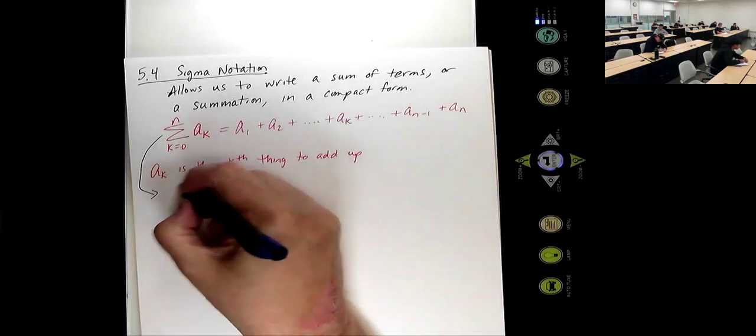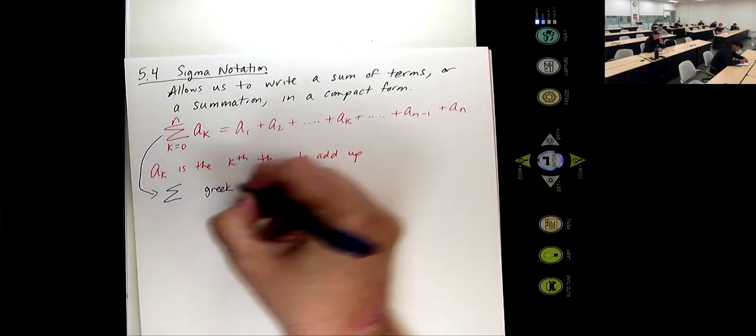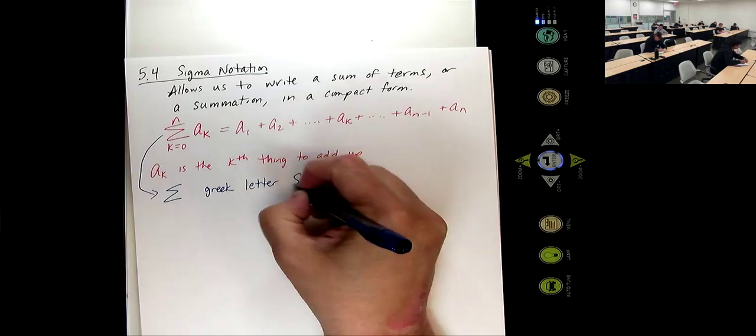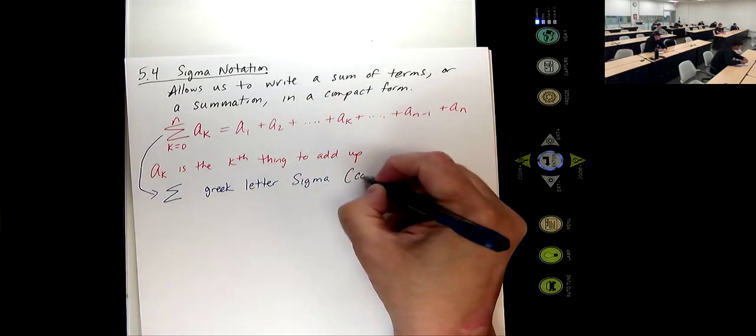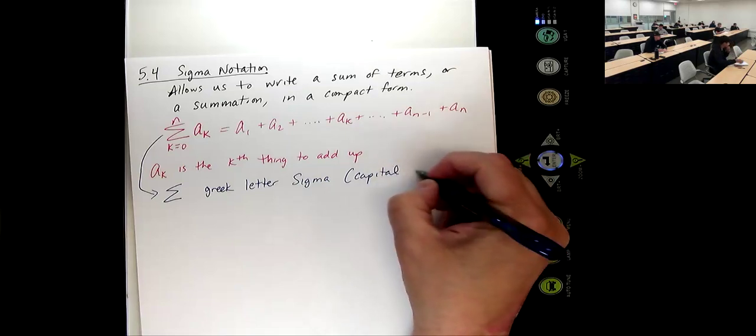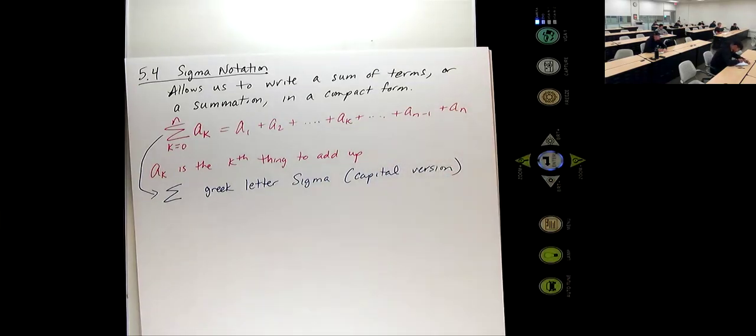So this actually means a sub 1 plus a sub 2 plus a sub k plus a sub n minus 1 plus a sub n. This crazy letter right here is actually the Greek letter sigma. It's the capital version of sigma, and that's why it's called sigma notation.